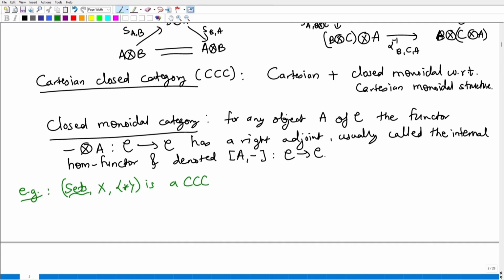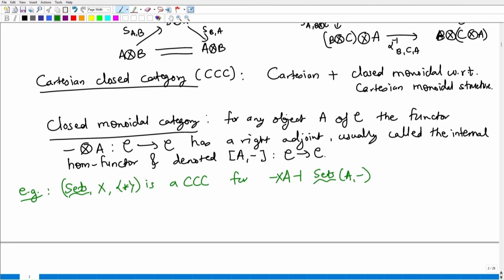Why? Because blank cross A has a right adjoint, namely Hom in Sets from A to blank. We have seen this hom and currying, uncurrying adjunction.